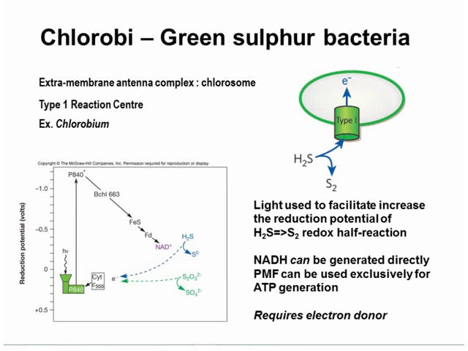Now, if they boost up the redox potential of this electron transfer from the light, then that means they can generate NADH directly. So it's more efficient. And they also get proton motive force, and that can be used exclusively for ATP generation.